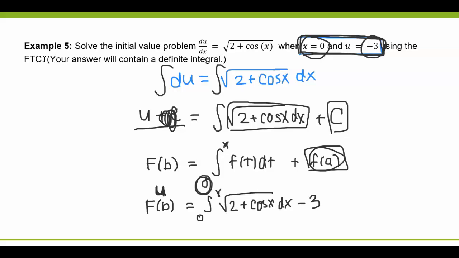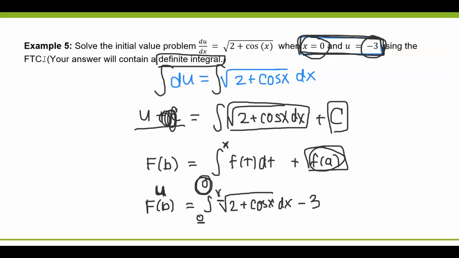This is unsolvable in Calc 1, which is why our answer has to contain a definite integral. And a definite integral has to have bounds. So when we're solving our initial value problems, we're really applying the fundamental theorem of calculus. And that's sort of the idea behind that concept.